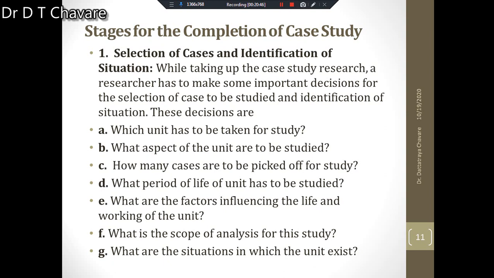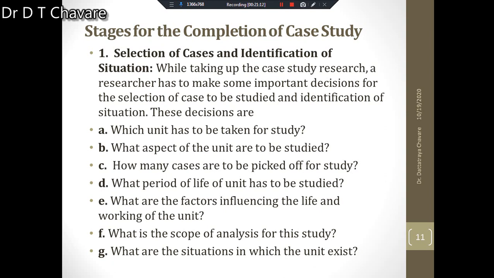What aspects of the unit are to be studied? How many cases are to be picked up for the study? What period of life of the unit has to be studied? What are the factors influencing the life and working of the unit? What is the scope of analysis for this study? And what are the situations in which the unit exists?